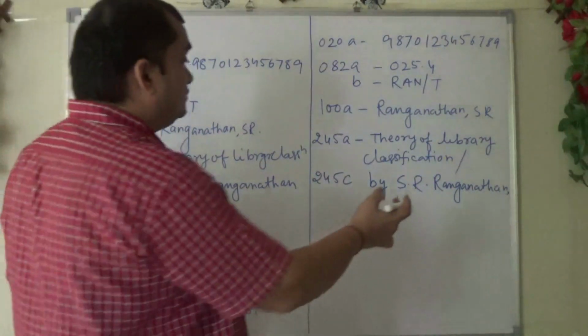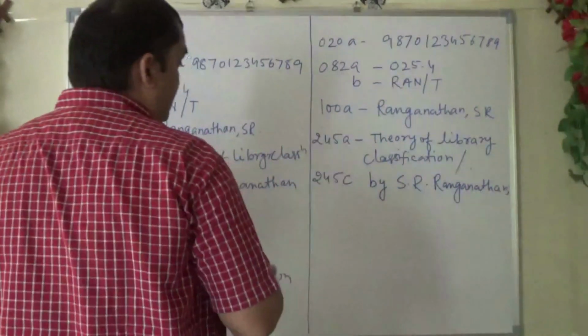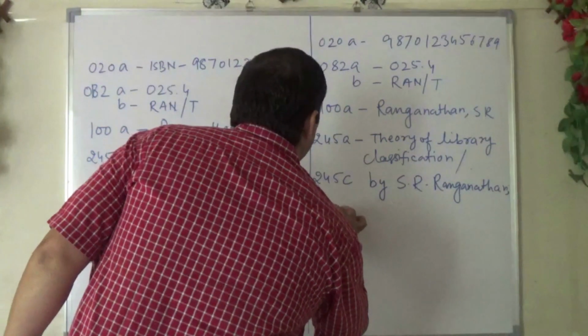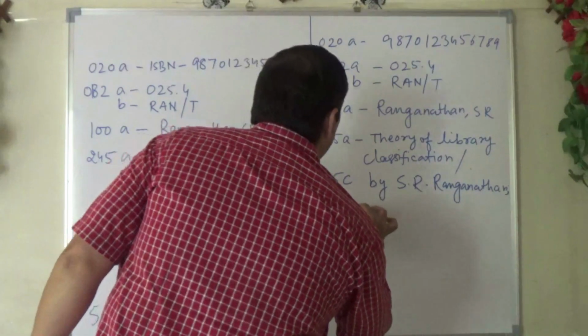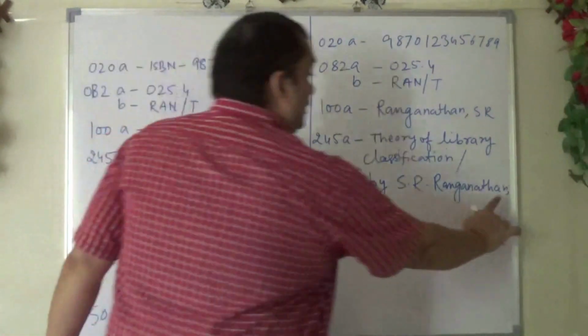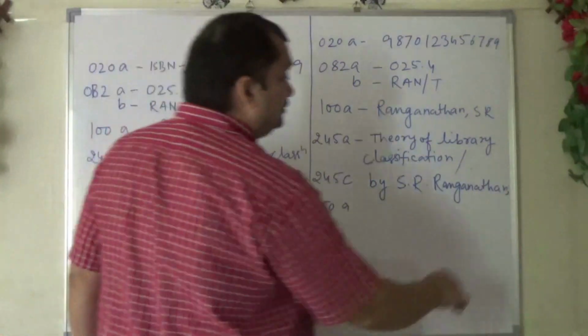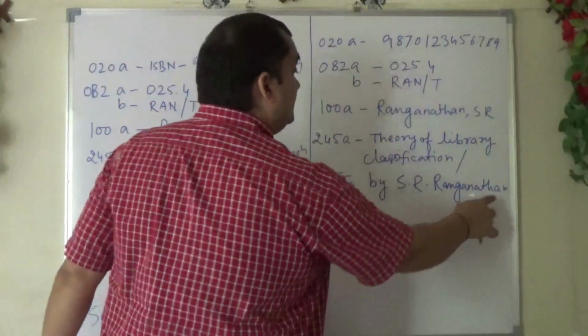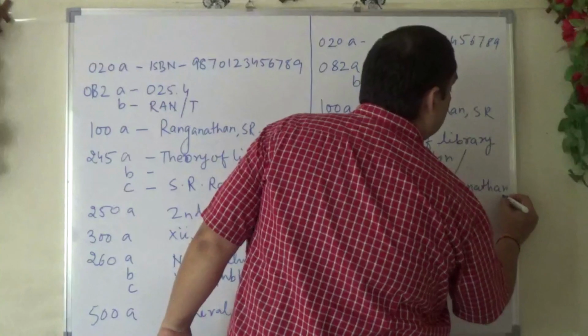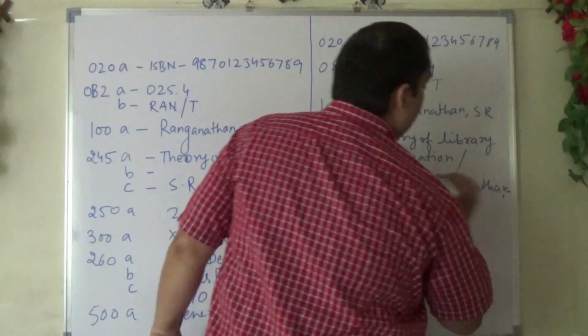Then we come to know about the edition. So for example, we have to write the edition. If there is no subsequent statement of responsibility, here itself we will add the dot space hyphen.